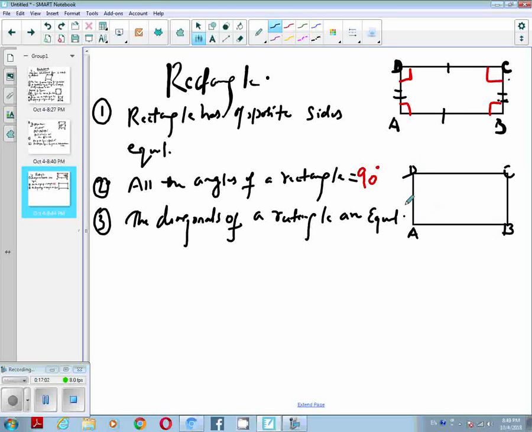This is diagonal AC. AC diagonal is equal to diagonal BD. This one. Both these diagonals are equal.